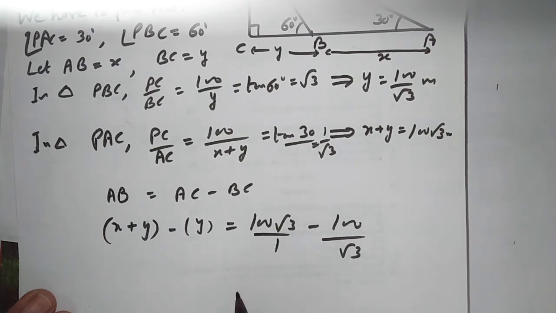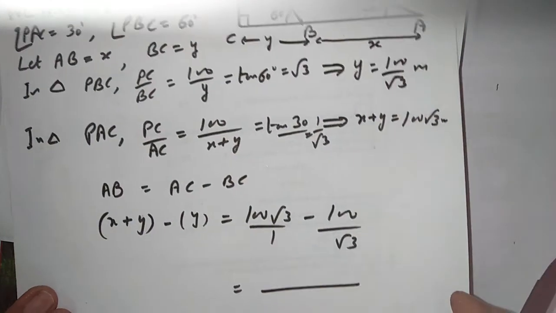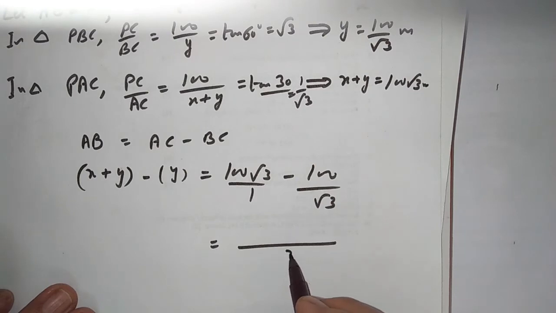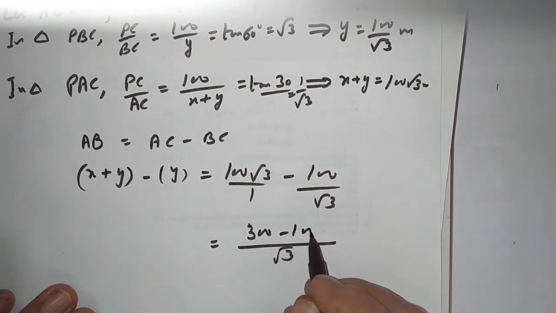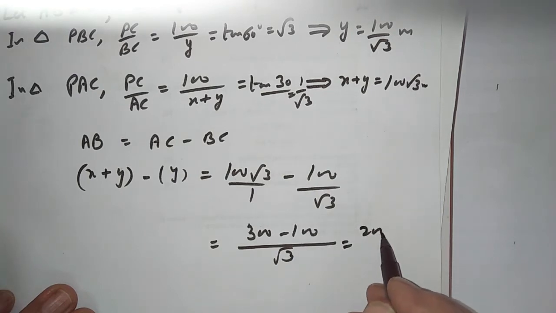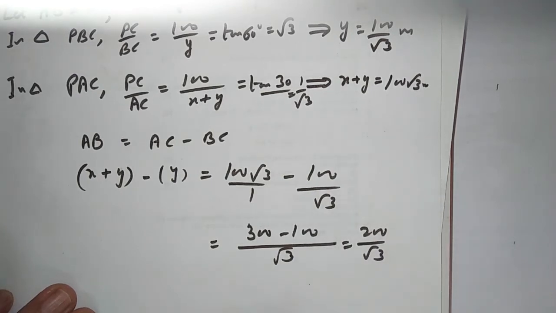You can calculate this. This will be LCM √3. This is 300 minus 100, which is equal to 200 upon √3.